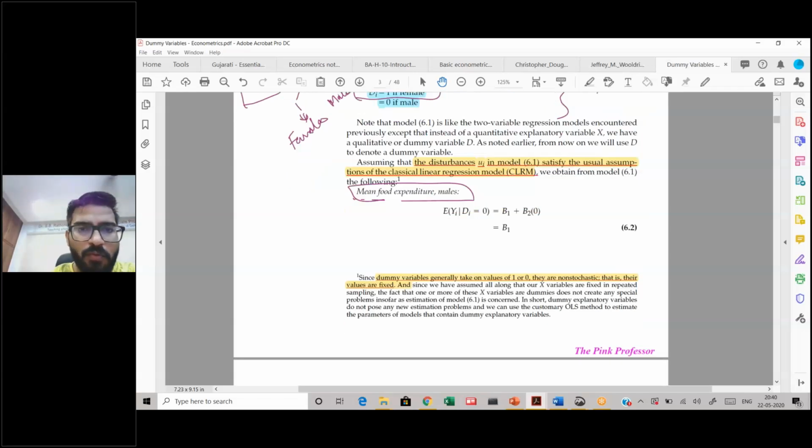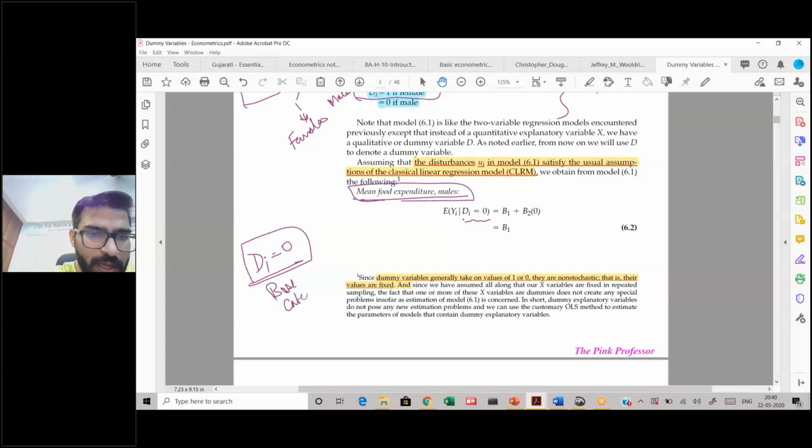So for the mean food expenditure for males, what you need to do is put 0 here, because we have taken the base. Remember, whatever you take di to be 0 will be your base category. In this case, our base category is males.